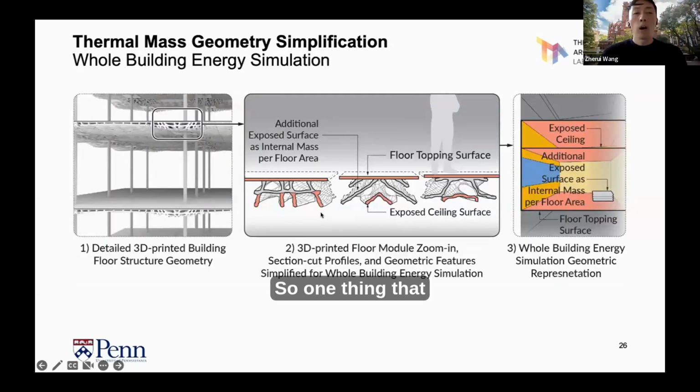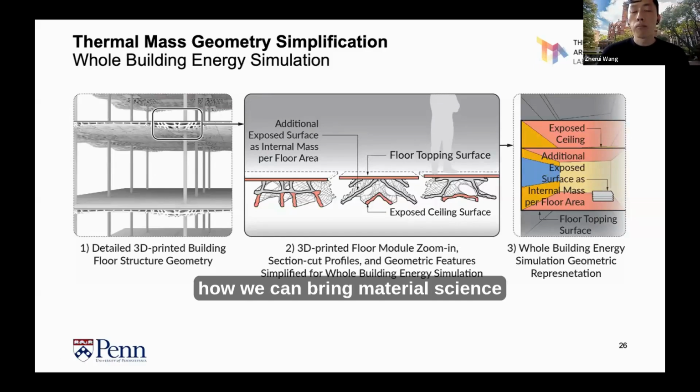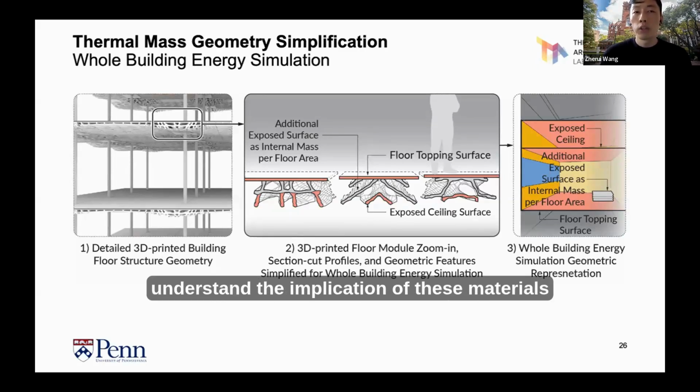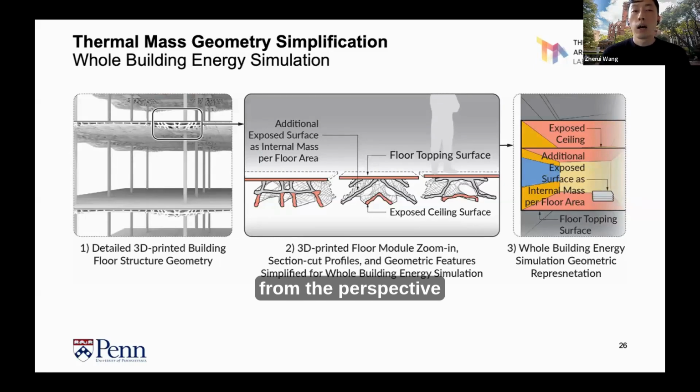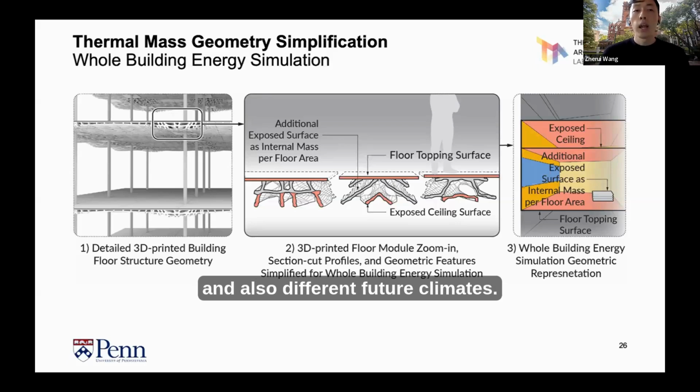We're also very much interested in how we can bring material science component scale testing analysis to understand the implication of these materials from the perspective of buildings, not only in specific structural conditions, but rather in real conditions in different climate zones, in different cities, and also different future climates.